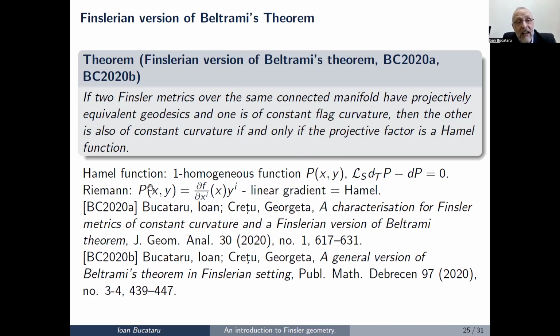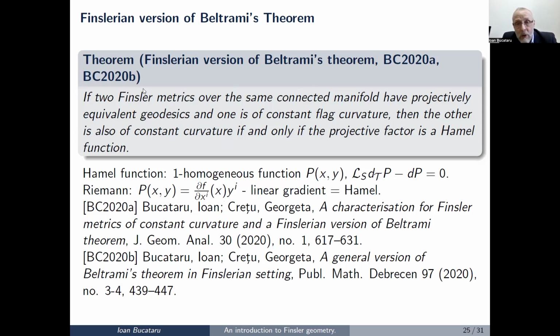In the Riemannian case, this function is linear. It corresponds to some gradient function, and it is very simple. In the Finslerian case, this is very, very general. So there are examples of Finslerian metrics that do not satisfy this, because this function P is very general.